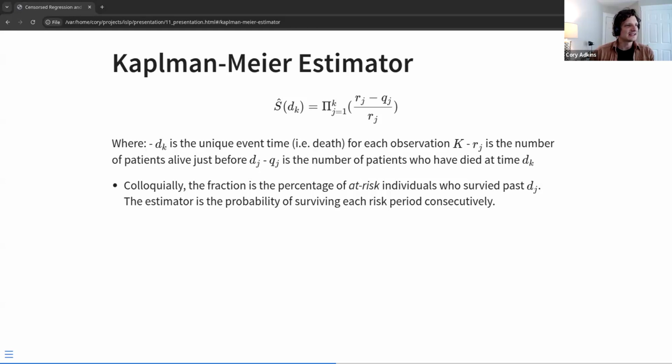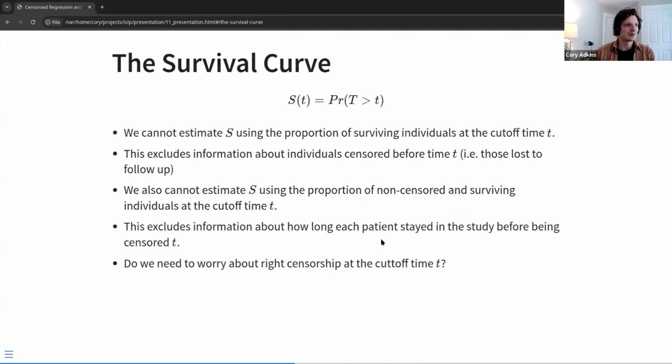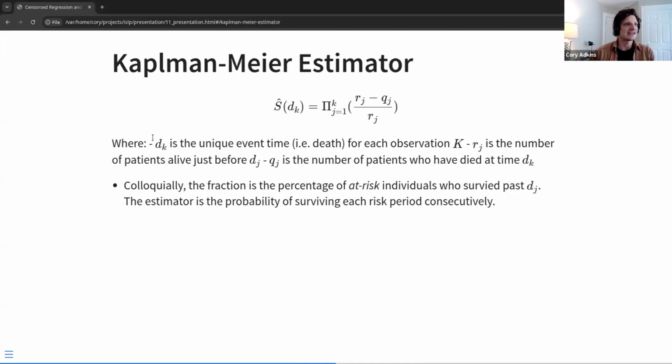I think T is just the chronologically latest time period. So if your study ends at 20, then it's just 20. And then you specify the in-between periods with this decay, I think. That's the times, which is the time of death, each unique time of death.